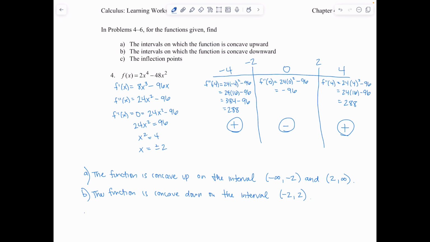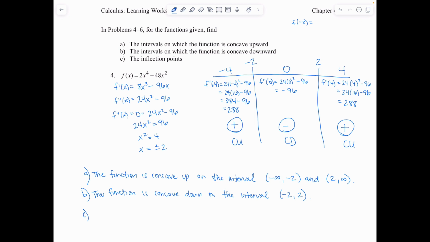And the inflection points are going to be both, because we can see it's changing from concave up to concave down to concave up. So these do become our inflection points. We just need to determine what are these points. So what I'm going to do is plug into my function f of -2 to find out what's the y value at -2.